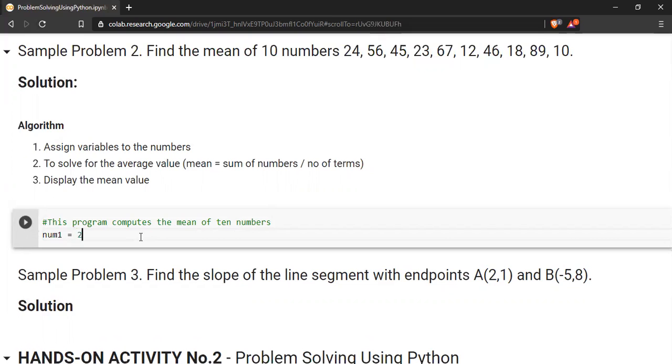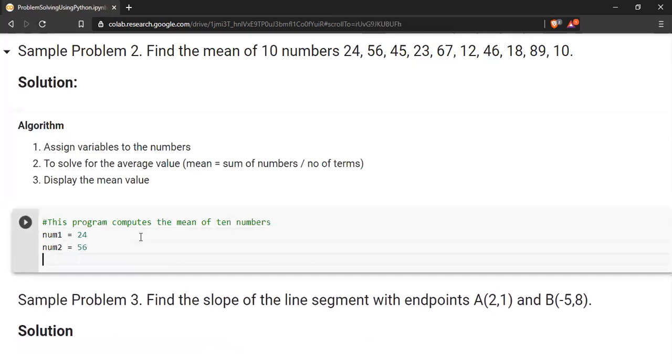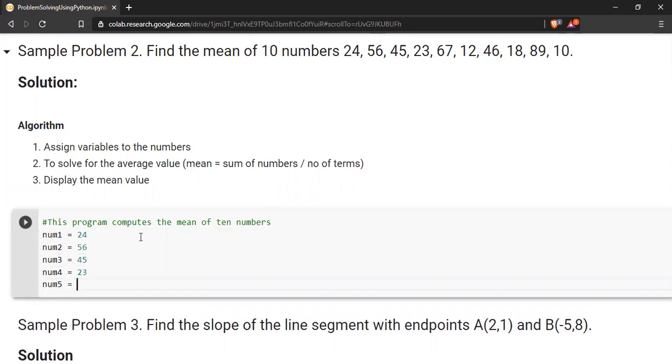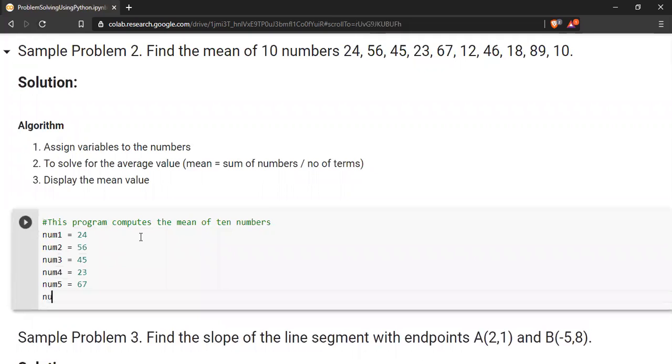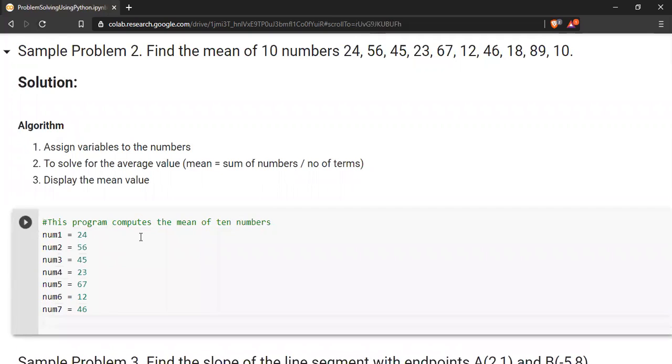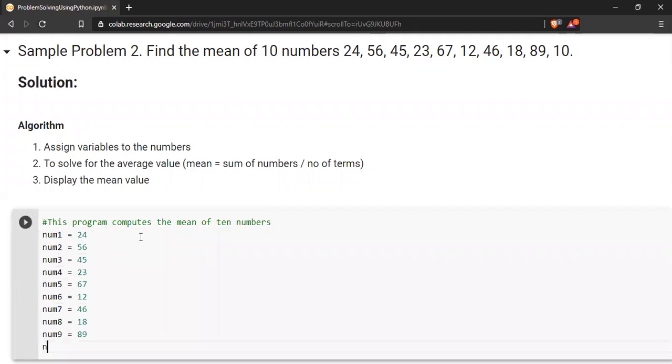Let's say num1 equals 24, num2 equals 56, num3 equals 45, num4 equals 23, num5 equals 67, num6 equals 12, num7 equals 46, num8 equals 18, num9 equals 89, and the last number, num10, equals 10.